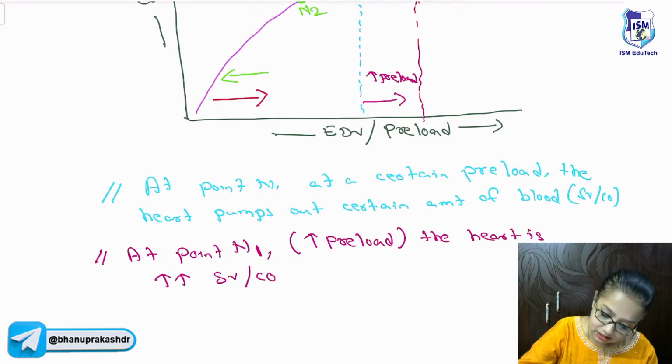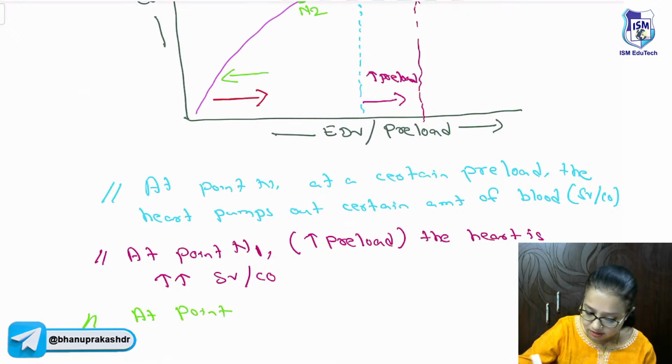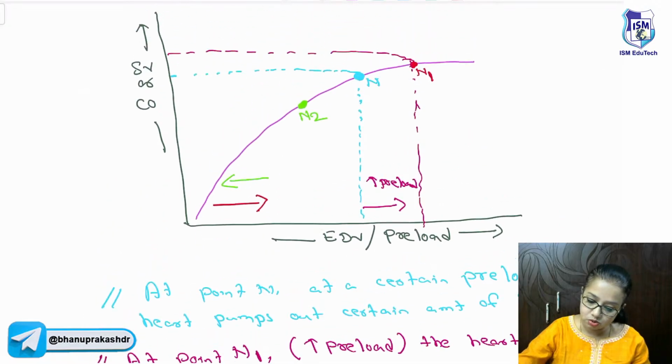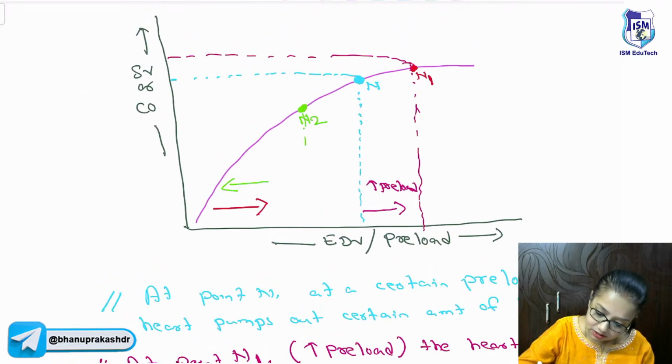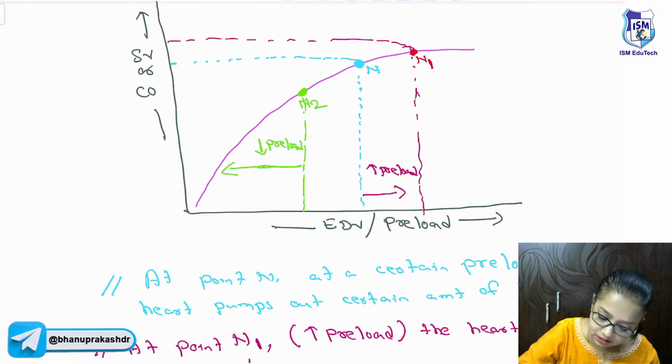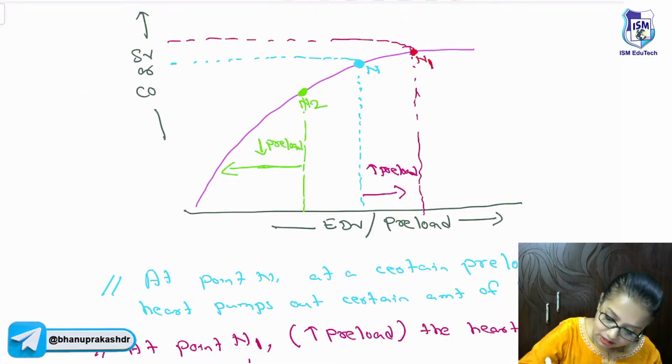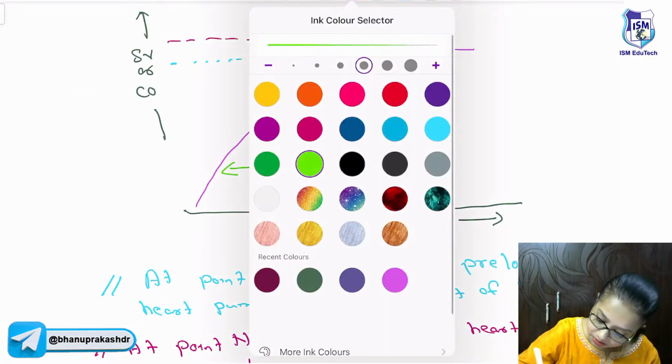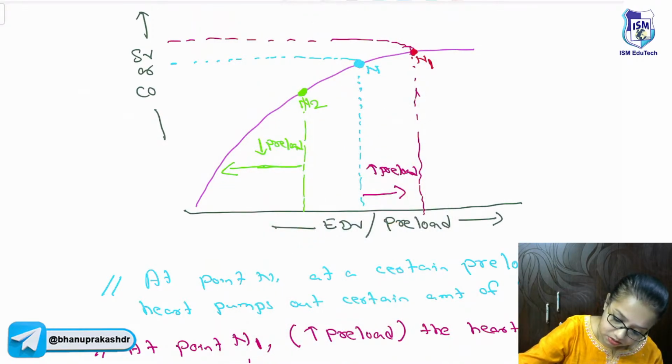Now, case 3, as we see at point N2. So, what happens in point N2? Say this is a decrease in the preload. So, when there is a decrease in the preload, the amount of the blood that is being pumped decreases.